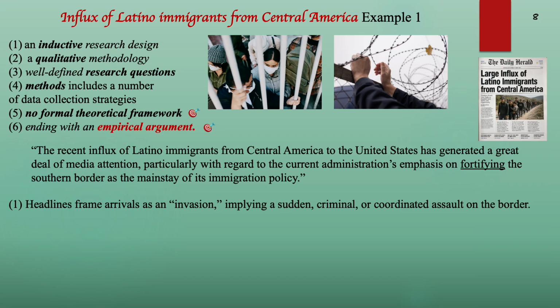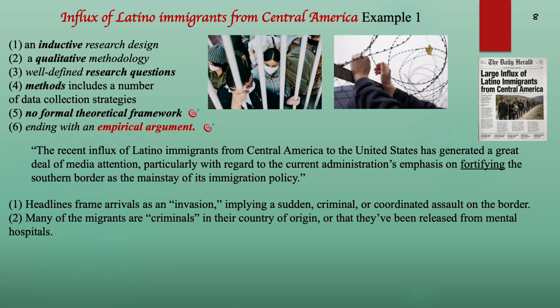1. Headlines often frame arrivals as an invasion, implying a sudden, criminal, and coordinated assault on the border. 2. Many of the migrants are criminals in their country of origin, or they've been released from mental hospitals. 3. Asylum seekers are getting an easy or free ticket into the U.S. 4.